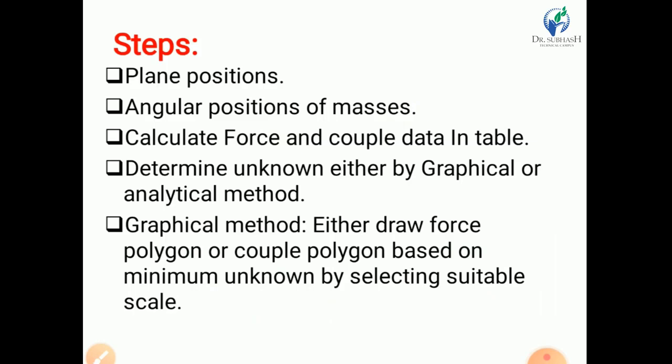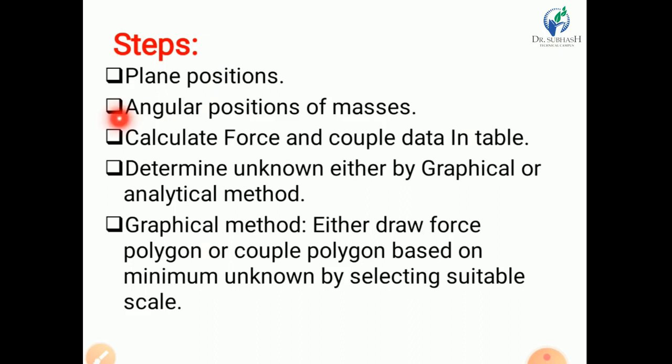We can solve this problem by the following steps. First, we assume the plane position. Second, we draw the angular positions of the masses, but in our case the angular positions of all masses are not given, so we assume the angular position of any one mass and use it to calculate the angular positions of the other masses.